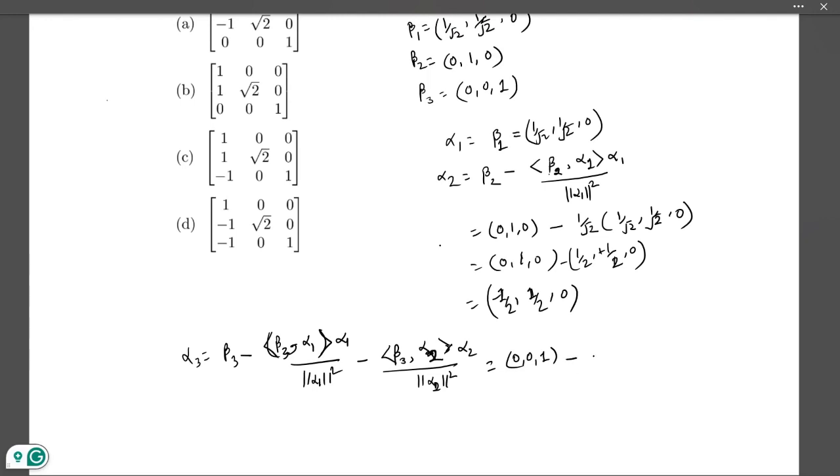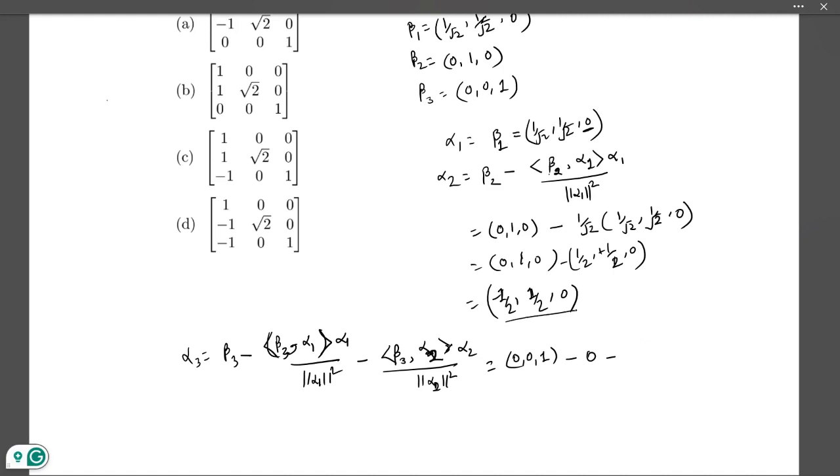And then minus beta 3 in the direction of alpha 1. It is 0, correct? Beta 3 is 0, 0, 1, and for alpha 1 the third coordinate is 0. So this is completely 0. Okay, let's see the third entry of this sum. Beta 3 in the direction of alpha 2.